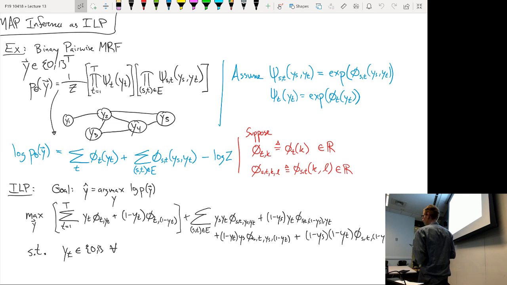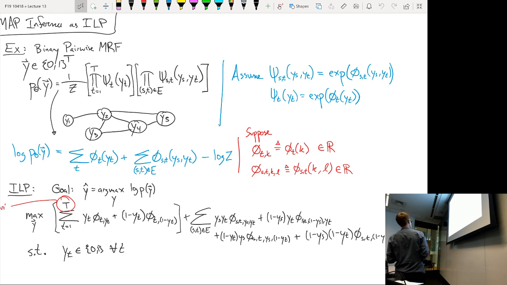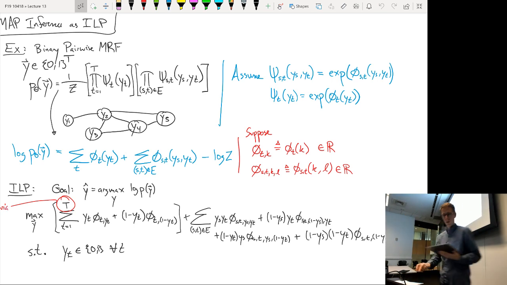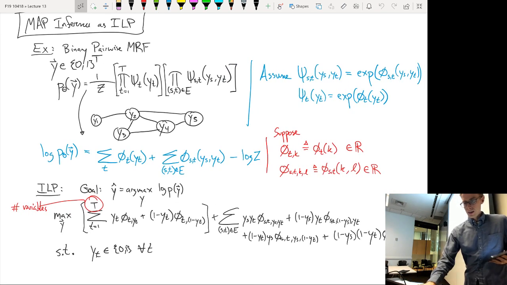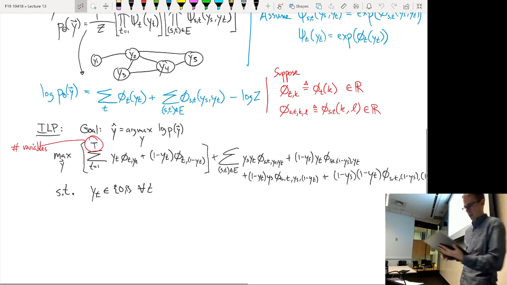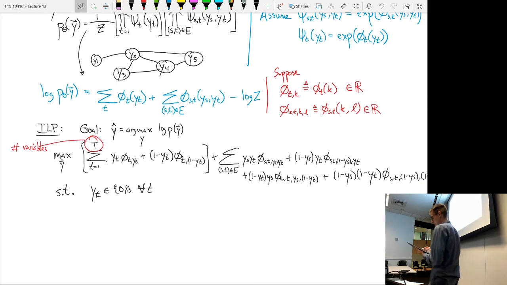Is capital T the number of nodes? Yep. So this is just the number of variables. Okay, so here's the next question.